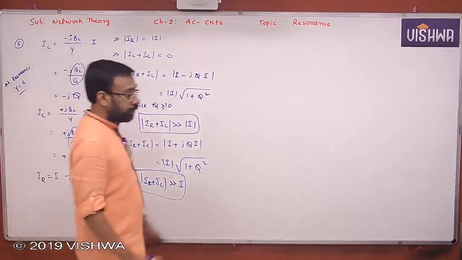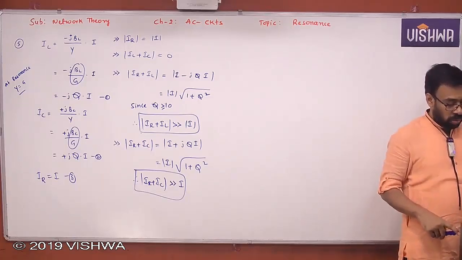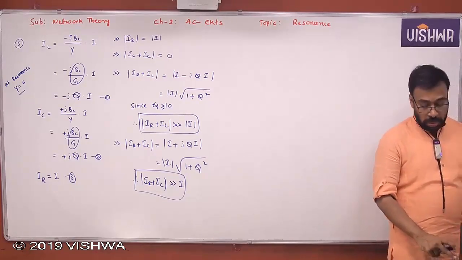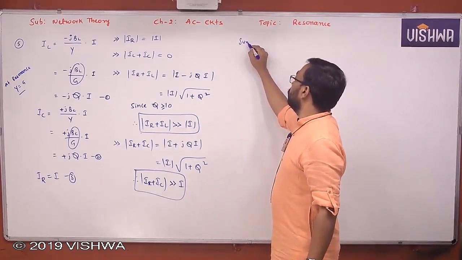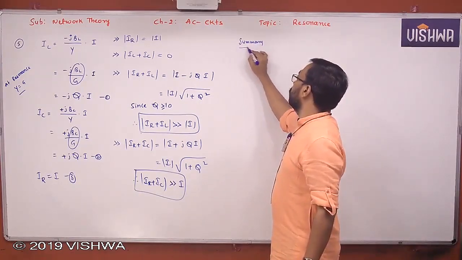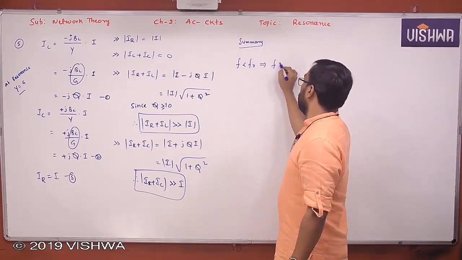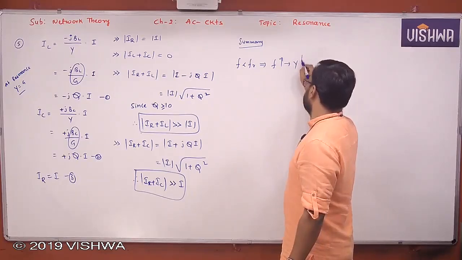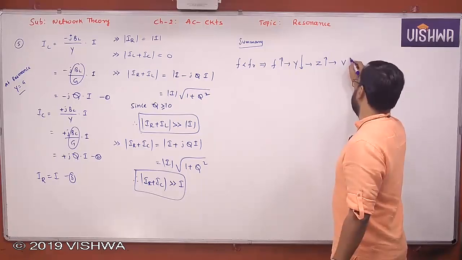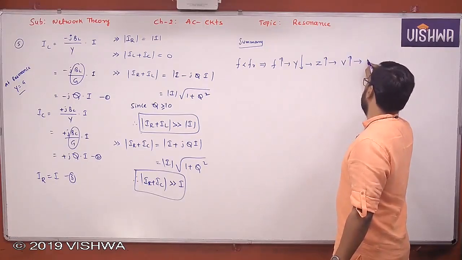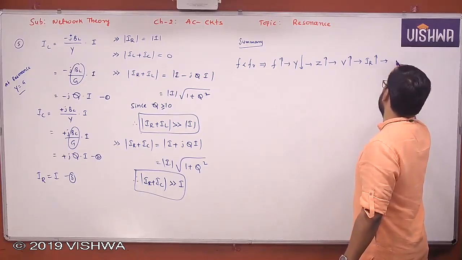Please note down. For all f less than fr, as f increases, Y decreases, Z increases, voltage increases, current through resistor increases: inductive circuit.